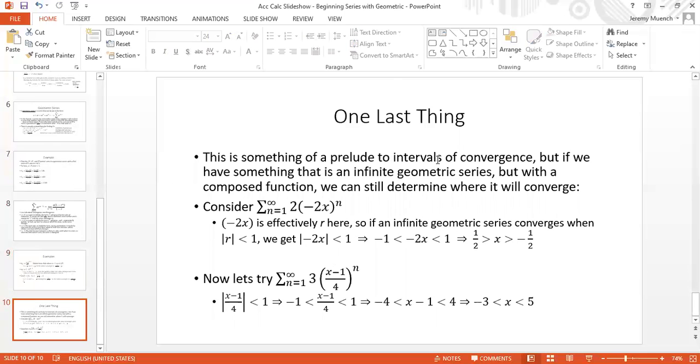So very last thing here, this is the last piece of information, and then I'll go to a whiteboard and do a couple more examples at least. There is something we're going to be focused on later on, which is kind of a big deal, which are intervals of convergence.